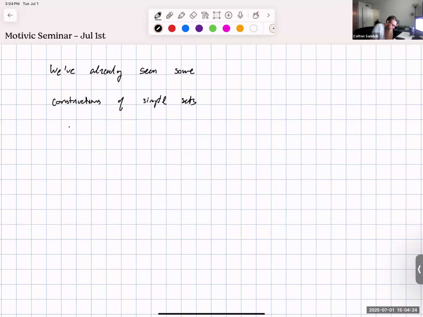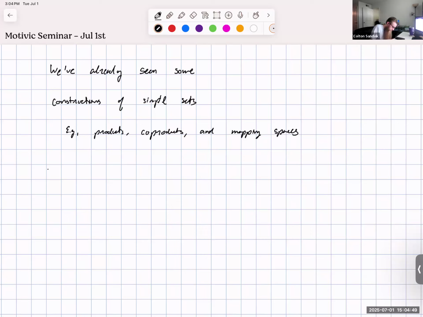For example, we saw that there are products, coproducts, and mapping spaces. And what I want to do first is describe some more general constructions that we can apply to produce more interesting simplicial sets.